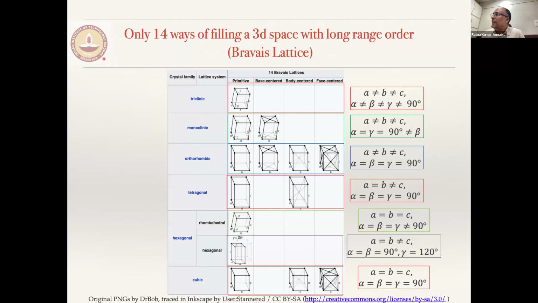In summary, these are the 14 types across the crystal families: cubic, hexagonal, tetragonal, orthorhombic, monoclinic, and triclinic. In that, you will have different variations. All these variations put together give you 14 Bravais lattices.